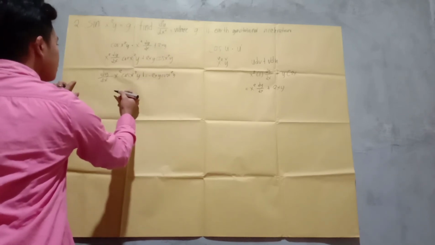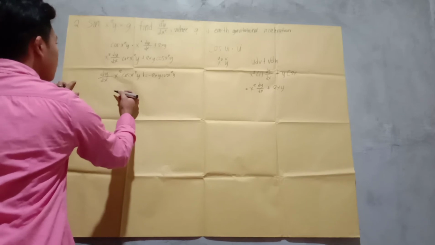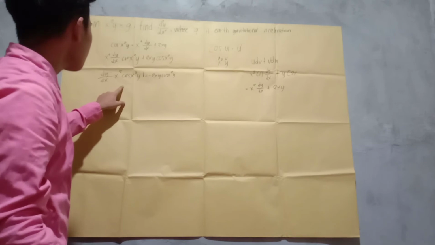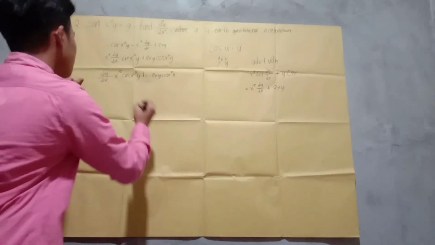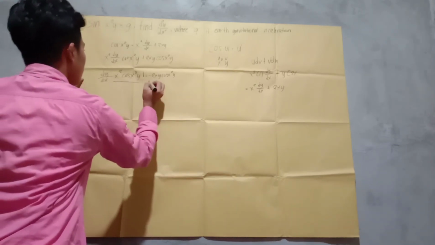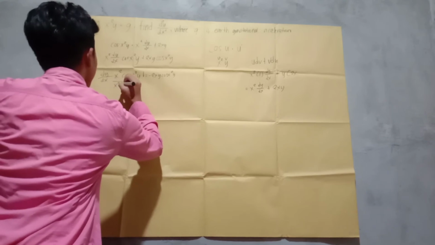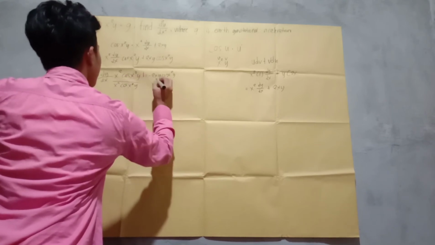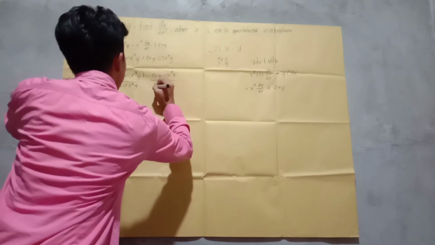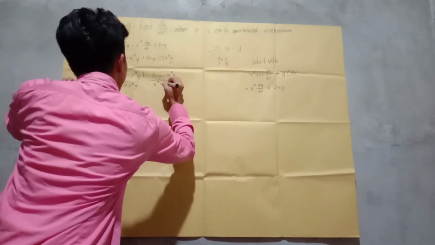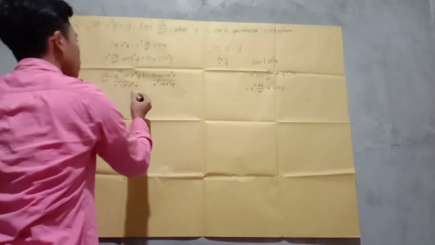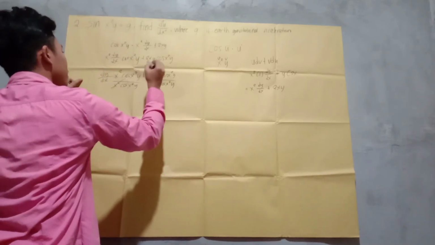So to solve this so that only dy over dx remains, we need to divide both sides by x squared cosine x squared y. So we cancel out the common factor.